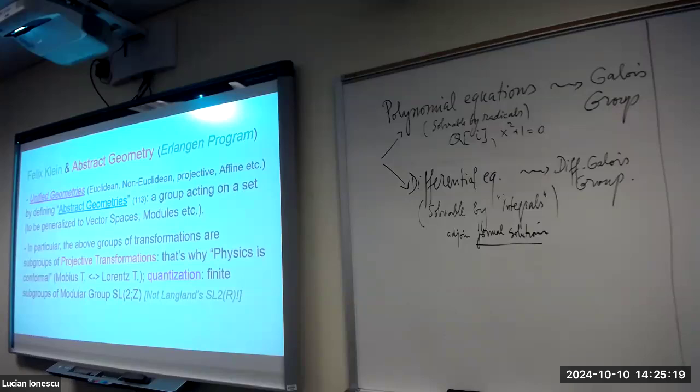But he also had contributions to geometry, to non-Euclidean geometry, had the models for hyperbolic geometry. But otherwise, I'm not sure if he tried to unify geometries in some sense.